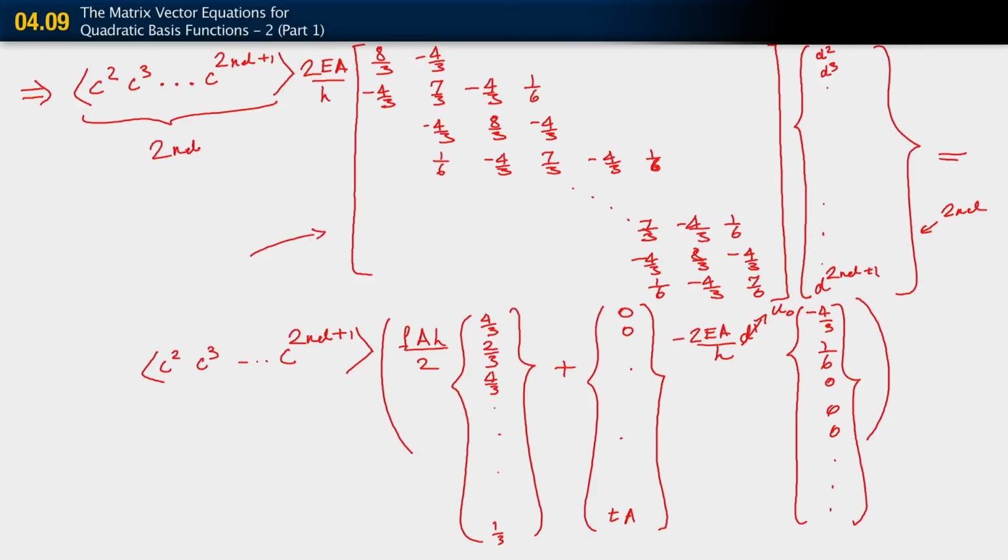Consequently, we now have a matrix here which is 2NEL times 2NEL. It's a square matrix. Okay? Here again we have 2NEL. It's just the C vector, and all the vectors here are all 2NEL. Okay? All right.